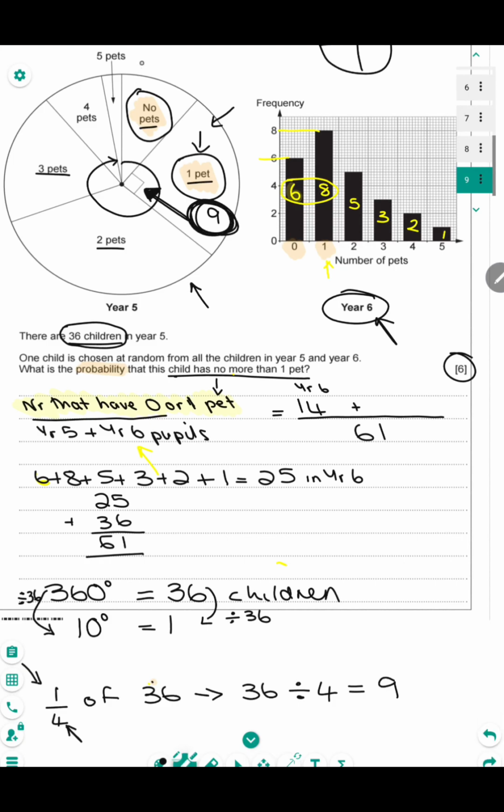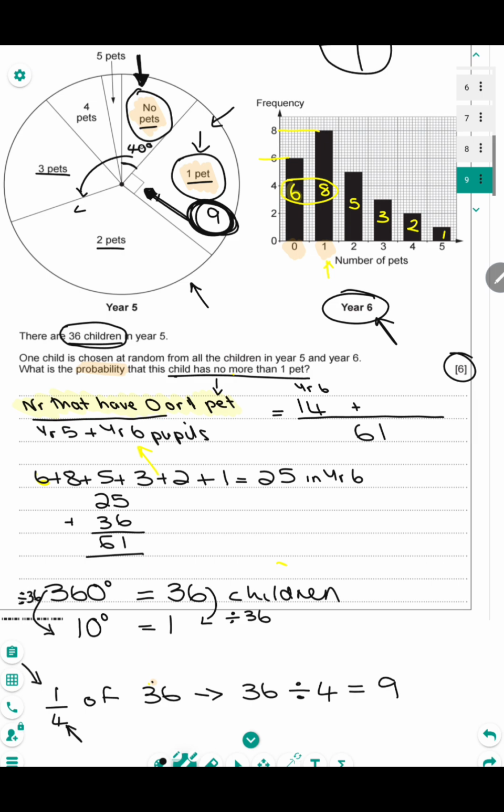How many are there in this group here for no pets? Well, there's no angle there. So what are we going to do? Well, this is where you need to get your protractor and measure the angle. Let me just put the pen back on. So you need to get a protractor and measure that angle. I haven't got one that I can use on screen at the moment, but having just done that, I can tell you it's 40 degrees.